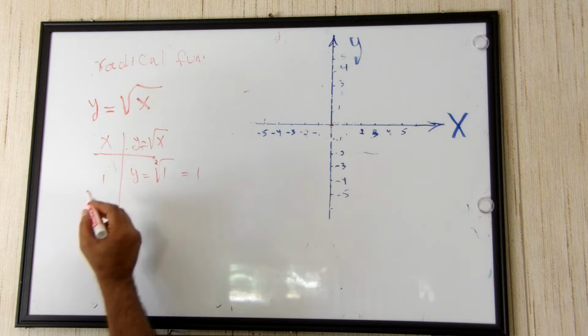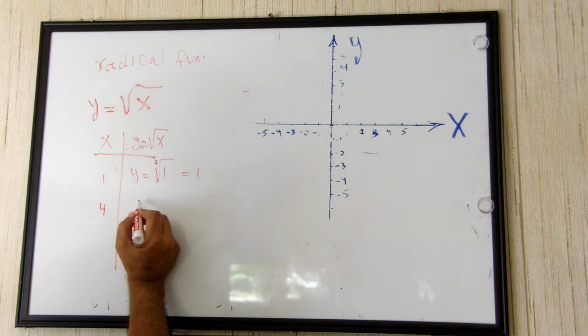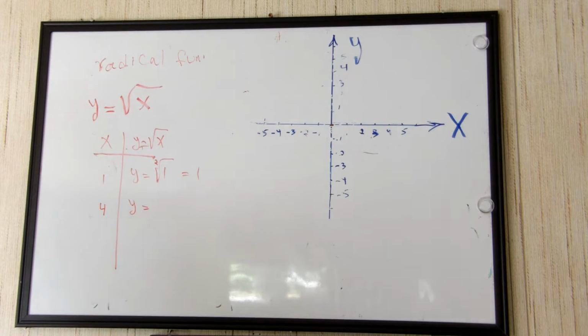And then the second one is going to be 4. So you've got to choose a number that when you take the square root of that, is going to be an integer.